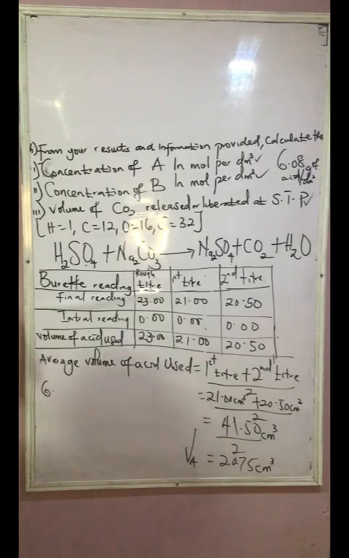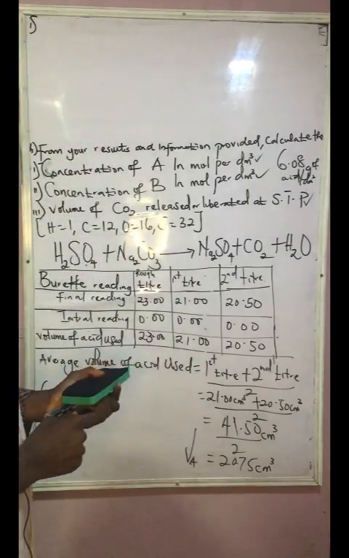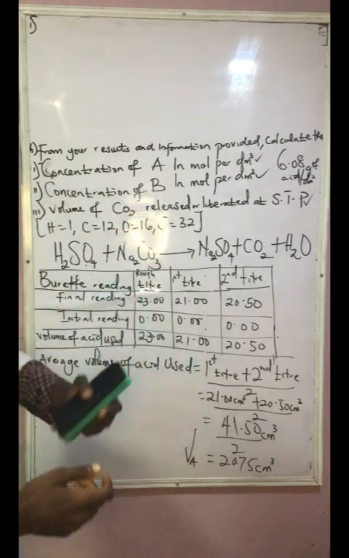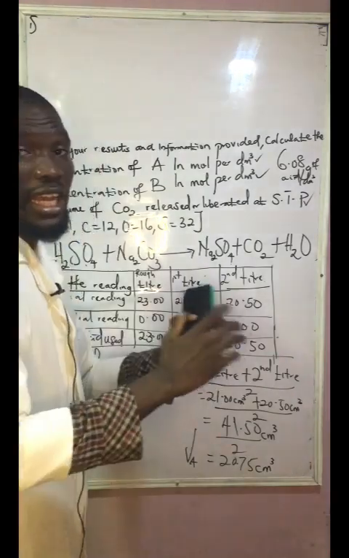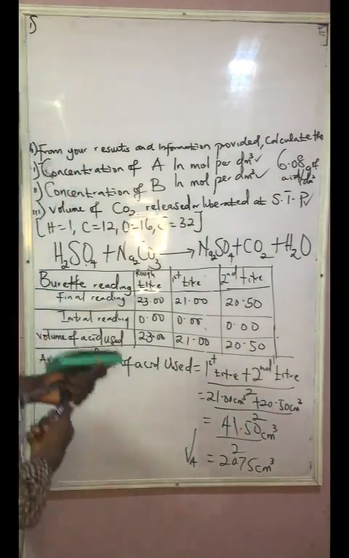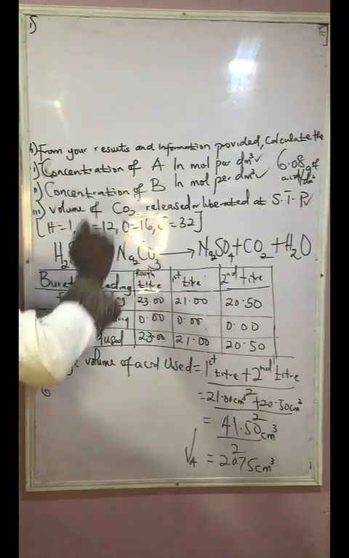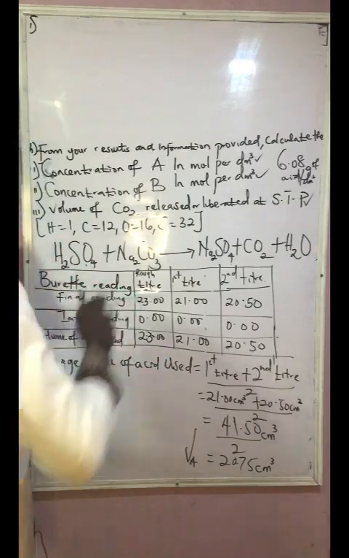The first one is the concentration of A in mole per dm cube. How do we solve a question like this? Mind you, I dropped a video earlier last week under stoichiometry, so I want you guys to go and watch that video. If you are to have any answer in mole per dm cube, this is the formula you are going to use.